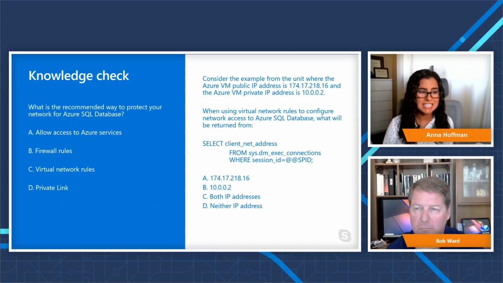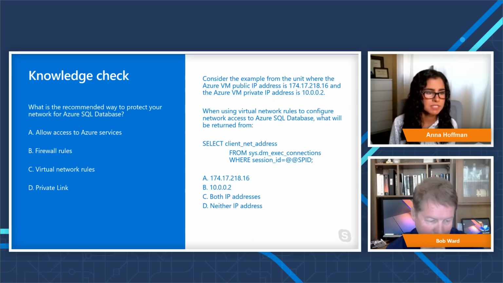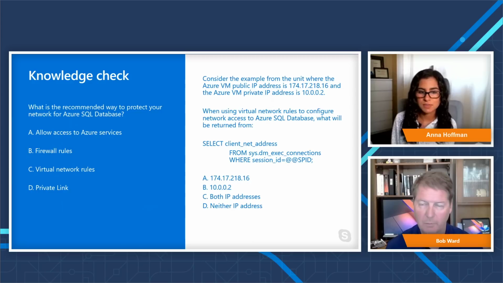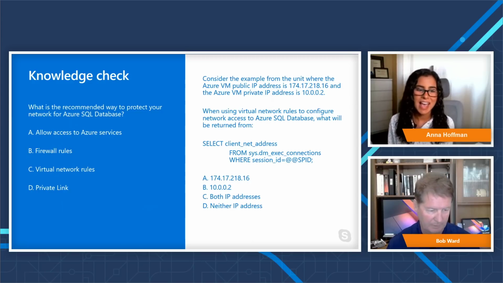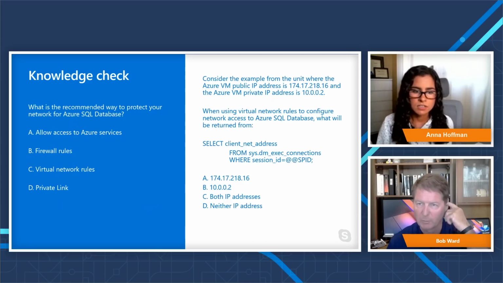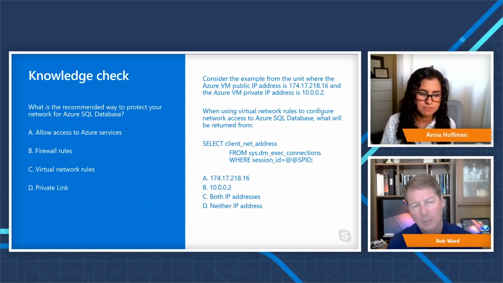D for the first one. So okay, the recommended way to protect your network for Azure SQL Database is private link. So that's good. People are paying attention. Okay. And for the second one, I was seeing mostly Bs, but some As. Okay. Should we go through them a little bit? Yeah, let's go through them. Well, look at the first one.